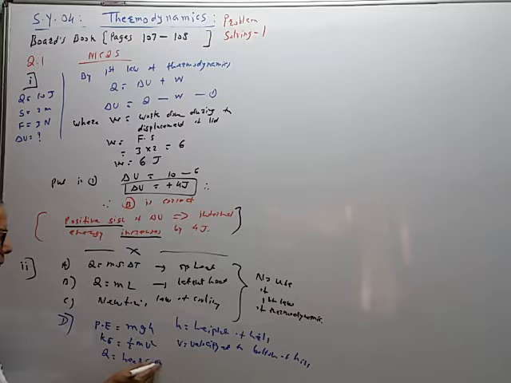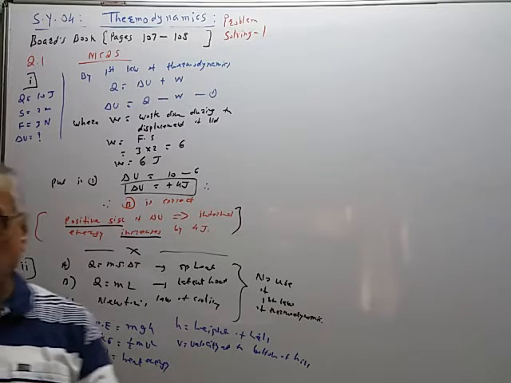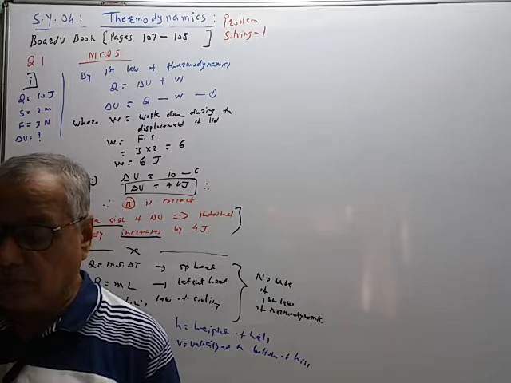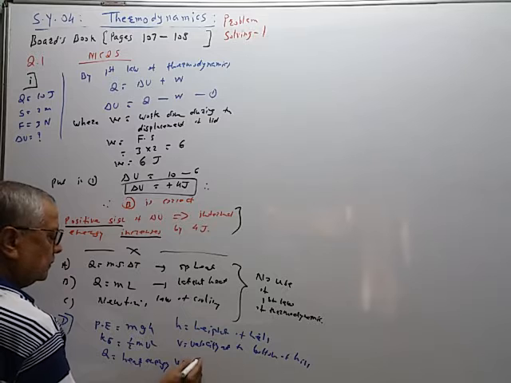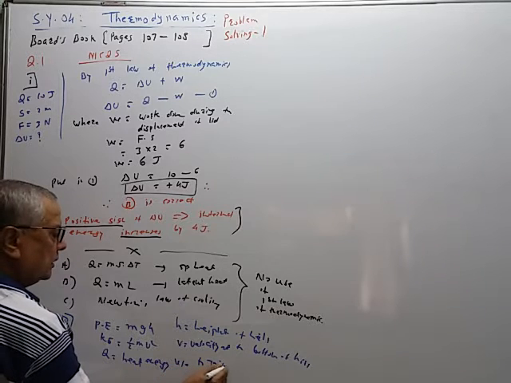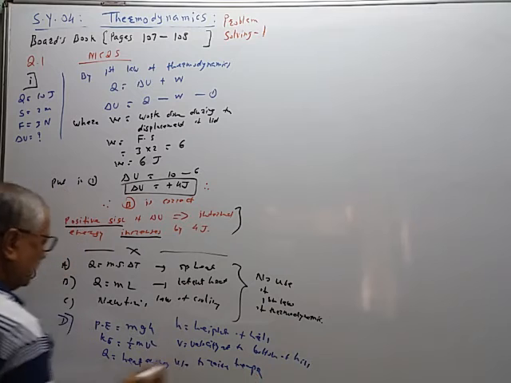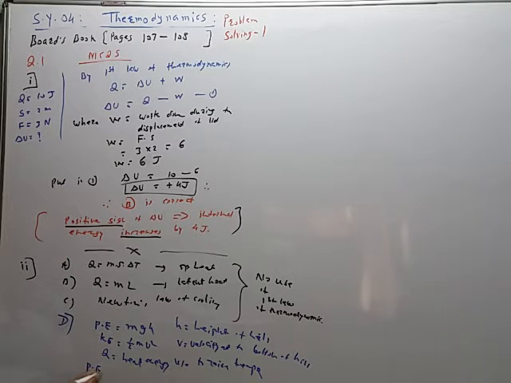heat energy. Q is equal to heat energy used to raise the temperature. Therefore, P is equal to K plus Q. So this is equal to Q is equal to change in internal energy plus amount of work done, like this.